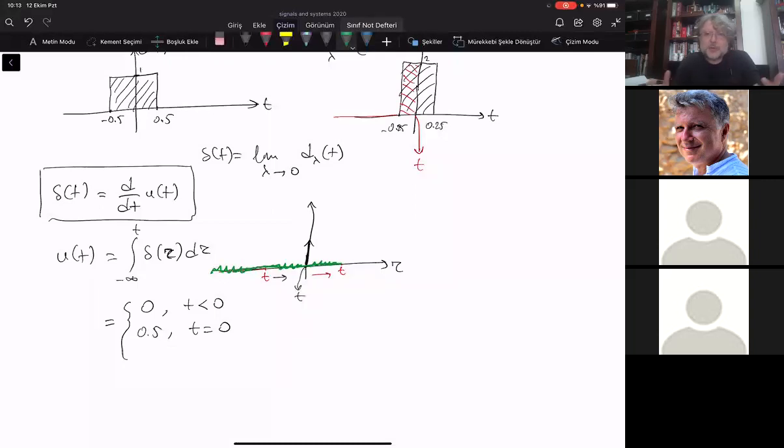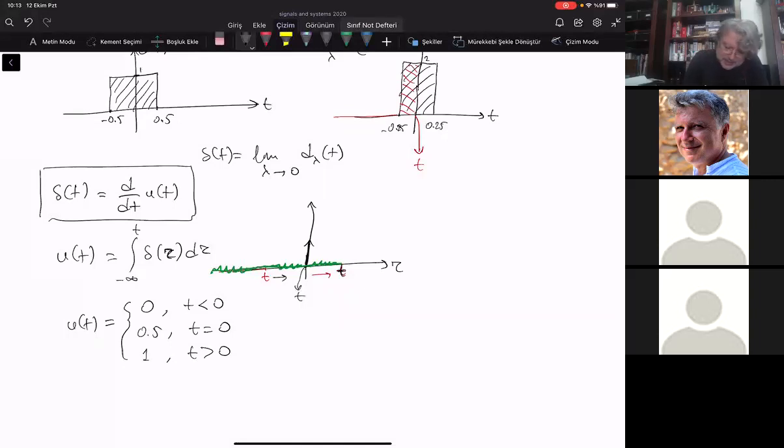They will not contribute to the area underneath, except the impulse itself. And what's the area under the impulse? It is 1. So the area from minus infinity to this new t point is 1, the area under the rectangle, remember. Now, don't you remember that this last thing was indeed the definition of u of t?